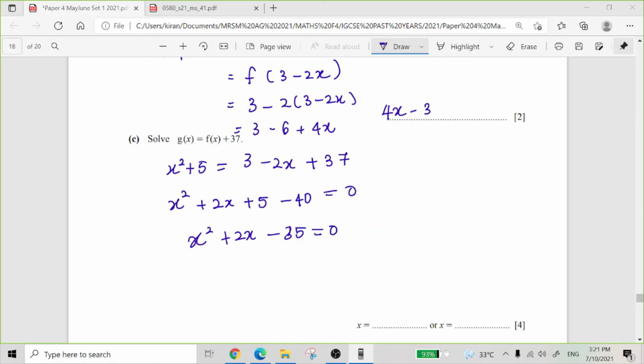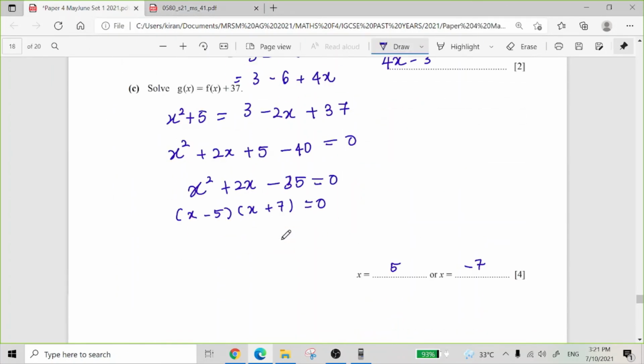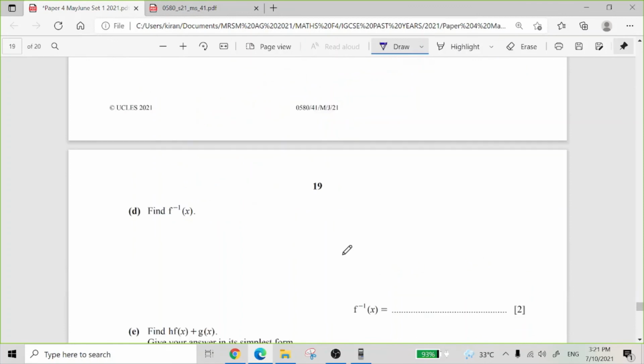So kita dapat x1 is 5 and x2 is negative 7. Okay, 5 and negative 7. So make sure tolong letaklah dia punya factorization kat sini, in case awak salah tulis jawapan dia. This is the factorization part. So we get x equal to 5 and x equal to negative 7. Okay, 4 markah. Okay, so next one is dah nak habis dah.